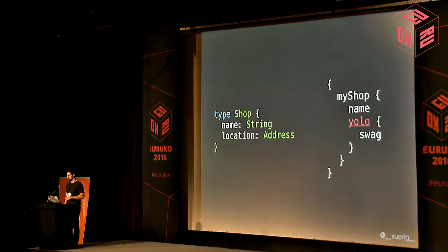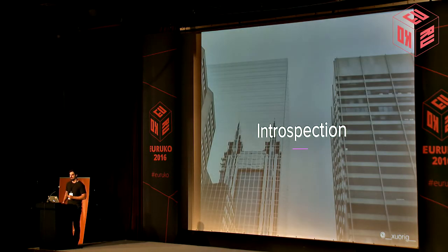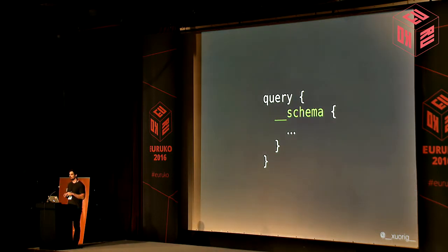But the type system knows that too, and on validation can refuse to respond to us with a response. And not only does the server know that, but the client can know that too through introspection. At the root of a GraphQL schema, we can find a special schema field that enables us to query meta fields on a GraphQL schema.